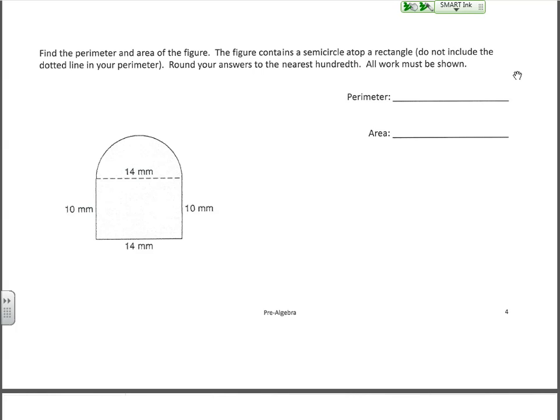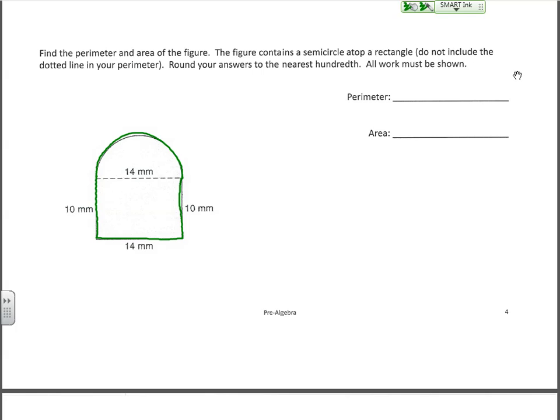Now, the perimeter of this figure does not include that dotted line there. That's just giving you a measurement that you need. The perimeter of this shape is the 3 sides of the rectangle here, and then the distance around this curved side there. What I've highlighted in green is the perimeter.